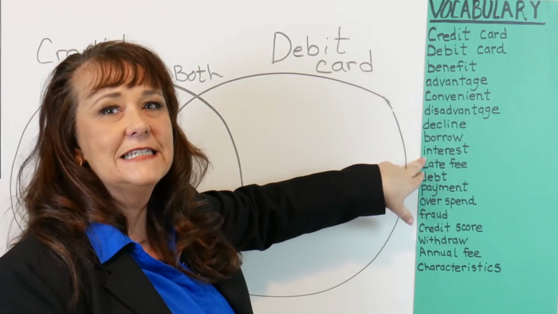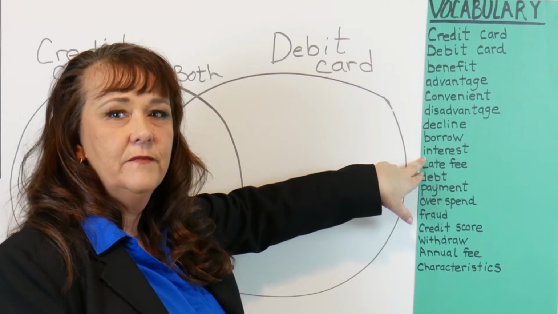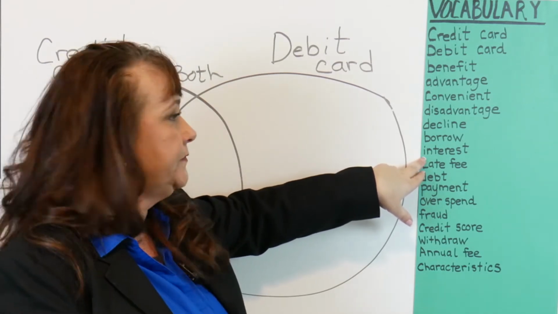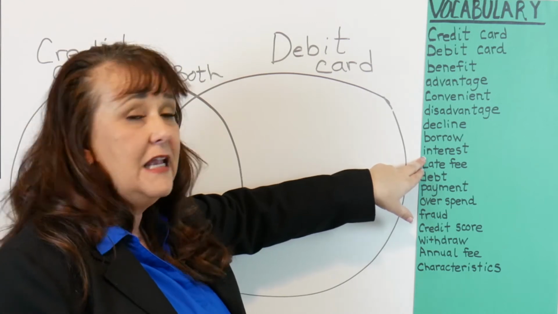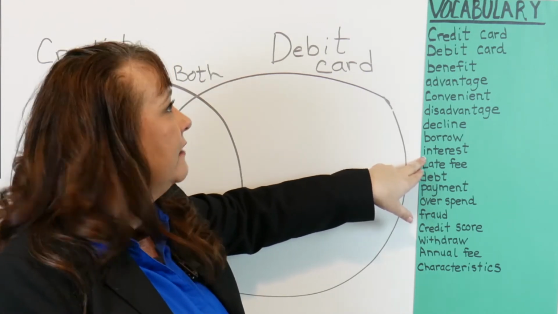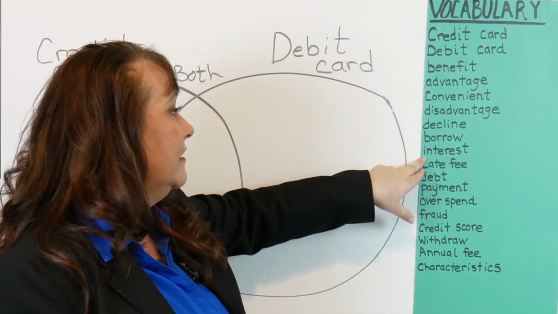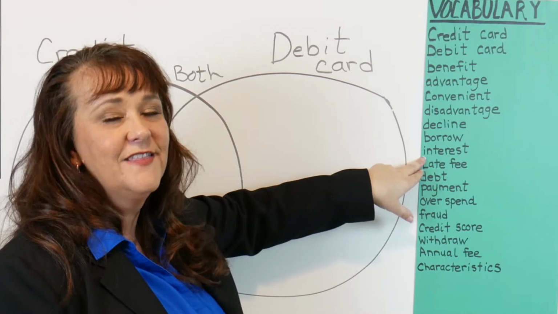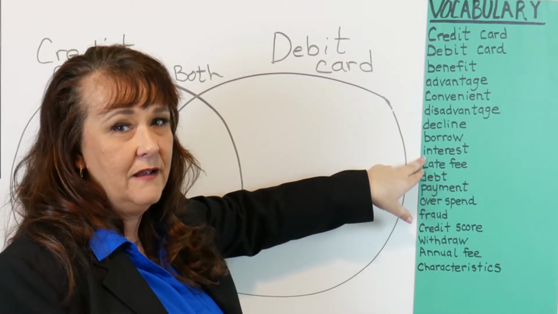This word is interest. You say it. Interest. Interest can mean many things, but when we're talking about debit cards and credit cards, we're talking about extra money that you have to pay.